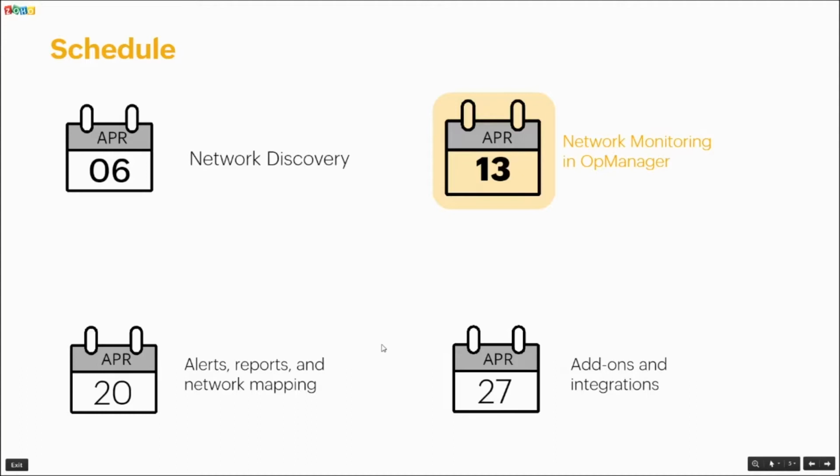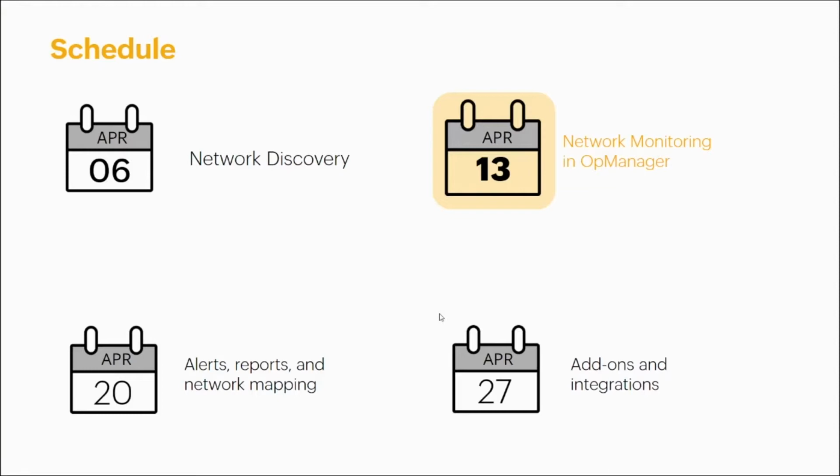So now let's see the schedule for this season's Op Manager training series. On April 6th, we had a first training session on network discovery, and today, April 13th, we are going to discuss in detail about network monitoring in Op Manager, followed by on April 20th, we would be discussing in detail about alerts, reports, and network mapping in Op Manager.